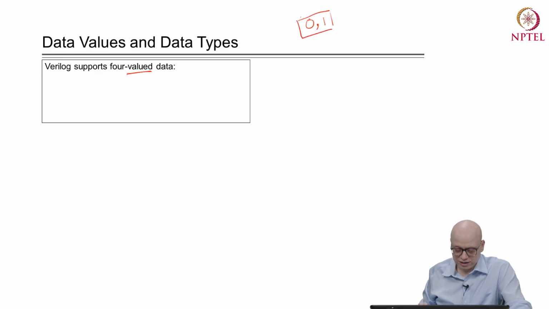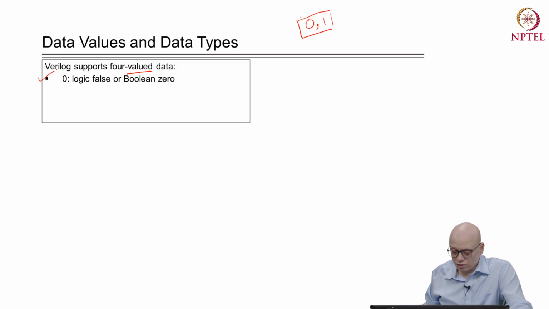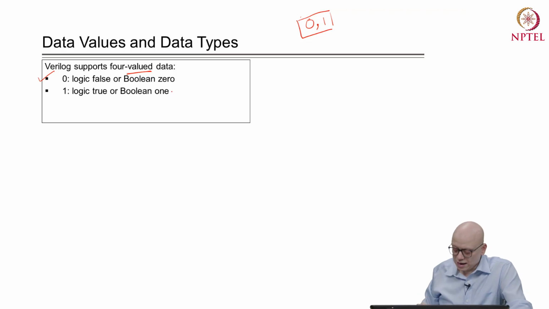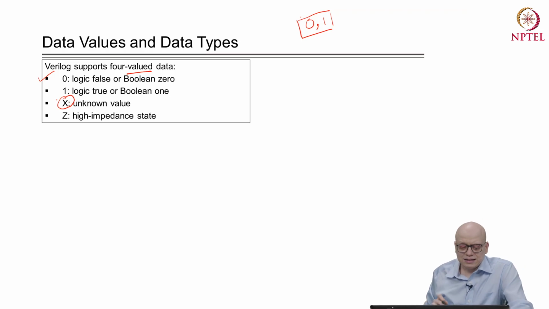What are they? The first one is of course 0, which is equivalent to Boolean 0 and logic false. 1 is equivalent to logic true or Boolean 1, and the third is x, which is an unknown value, and z, which is a high impedance state. So, these are the 4 values which are supported for a signal or for data.